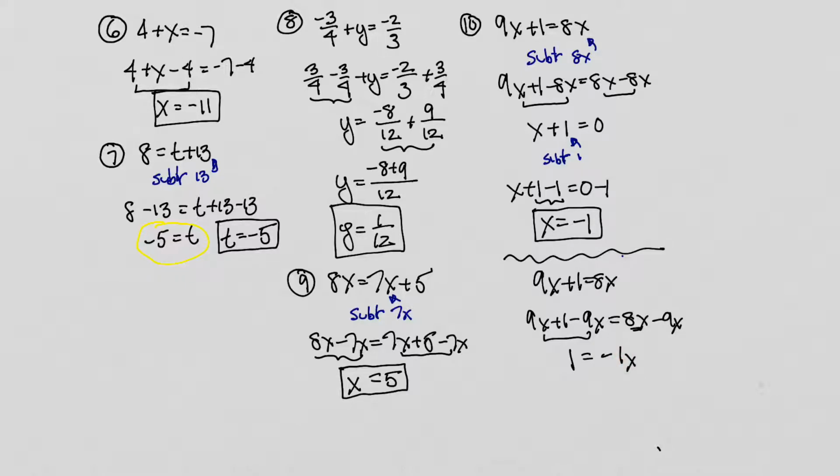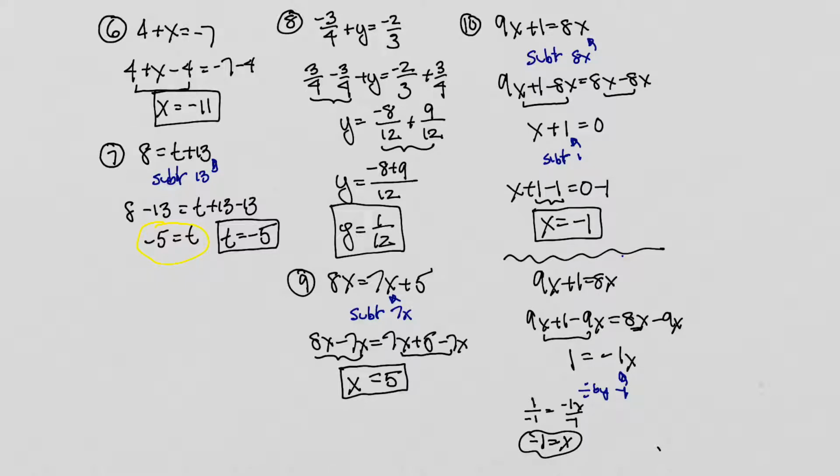So what I'm going to do here, and we'll talk about this more in the next section, is divide by negative 1. Write that negative 1 right there. So if I divide by negative 1, we'll get 1 divided by negative 1 equals negative 1x over negative 1. 1 over negative 1 is negative 1, equals negative 1 divided by negative 1 is just 1x.